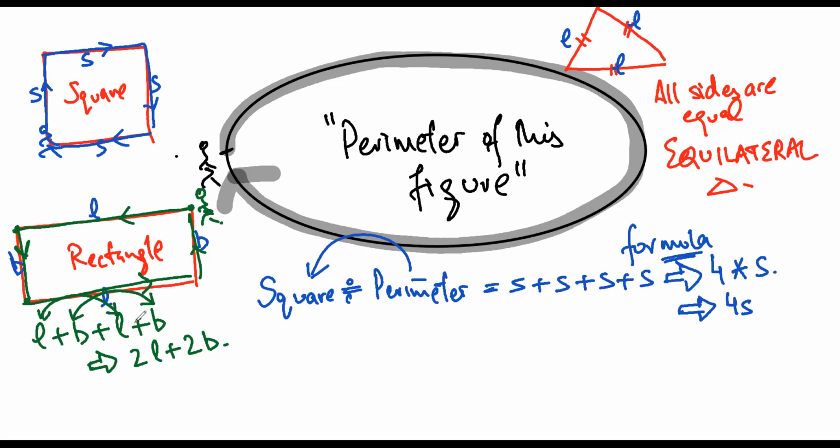But in the method I am saying, it will be L plus B and then multiplied by 2. Yes, we can do that also. If you want to write it like this, you can add L plus B and multiply this by 2. Yes, sir. So any way that you want, you can use this method also.